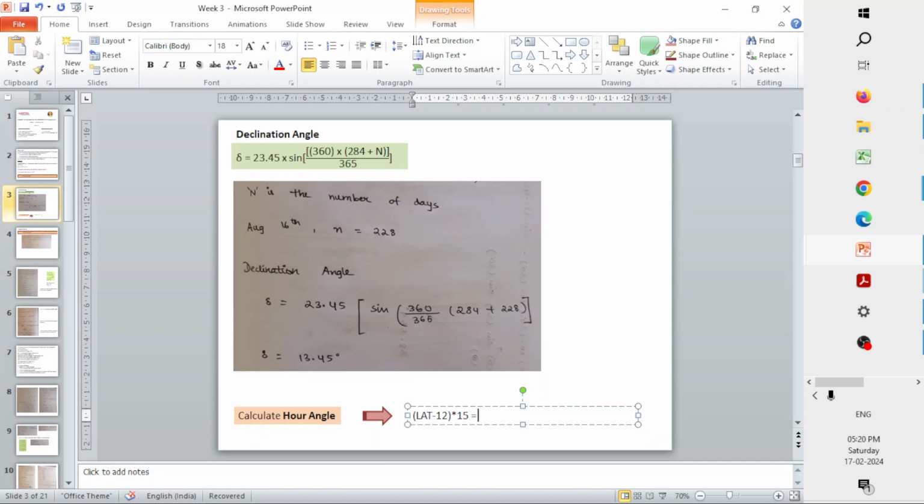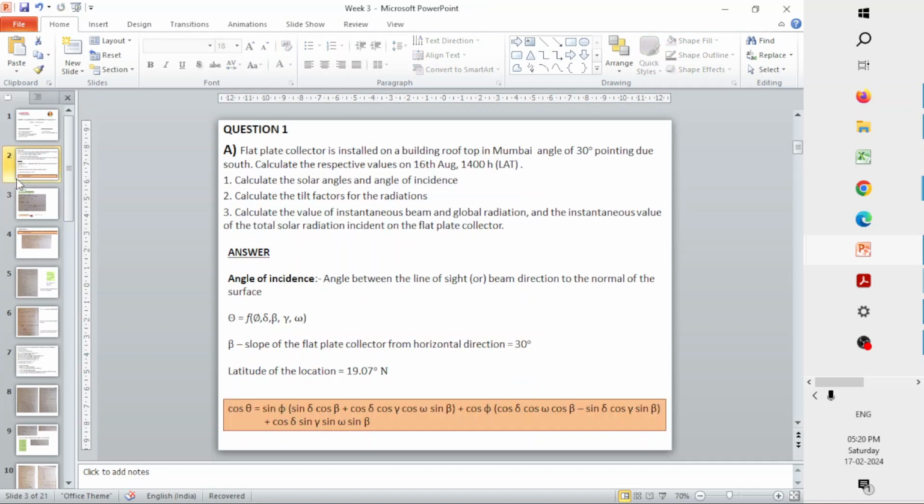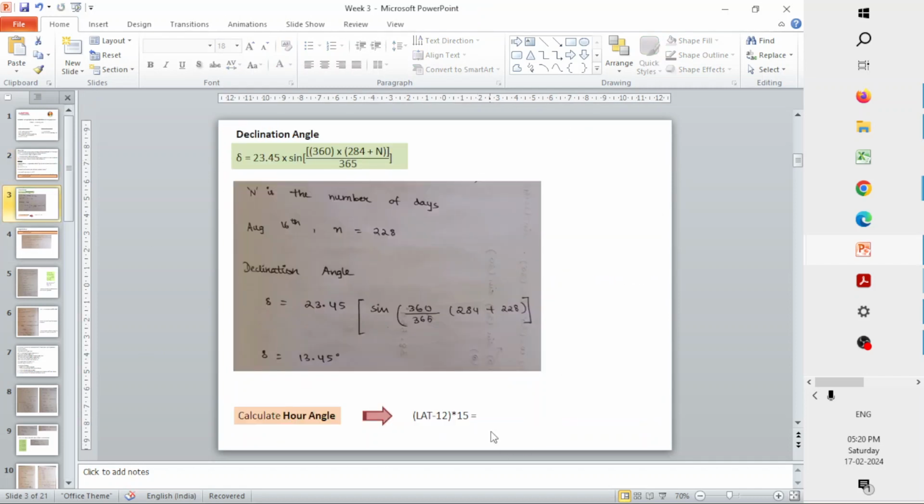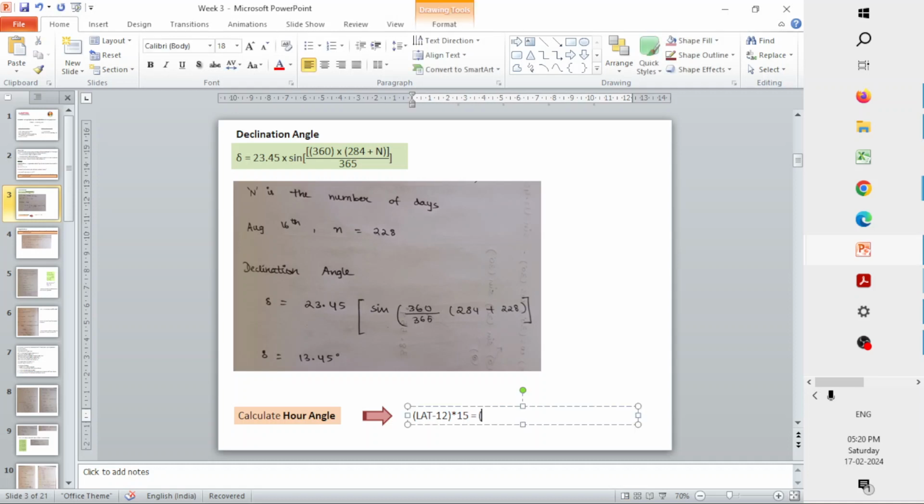Here your LAT is 14 hours. So the value is 14 minus 12 into 15, that is 2 into 15, which is 30 degrees.